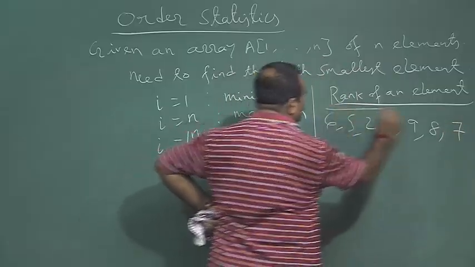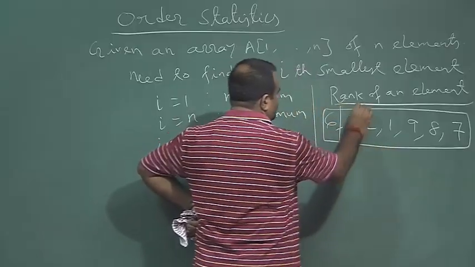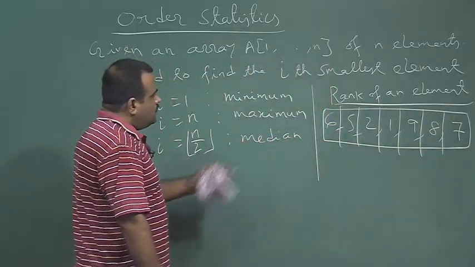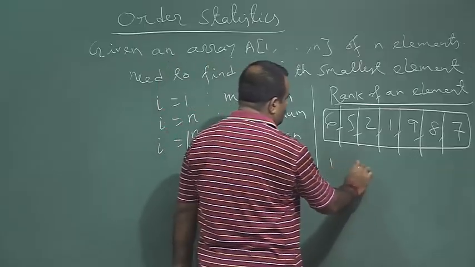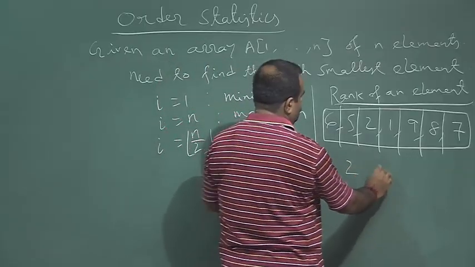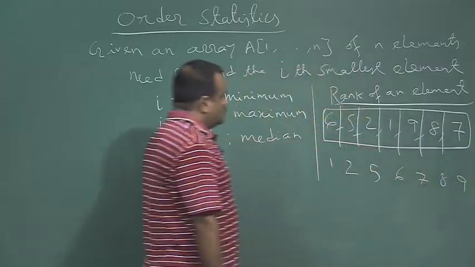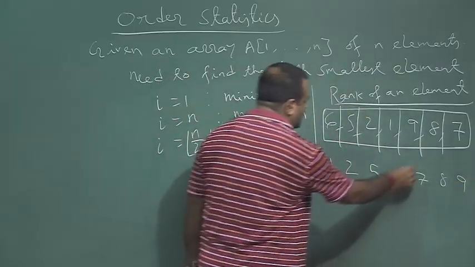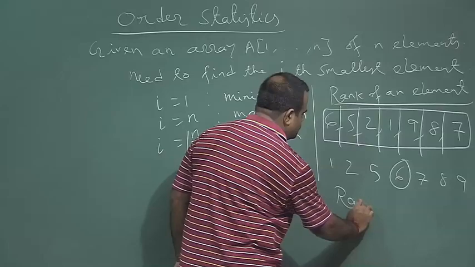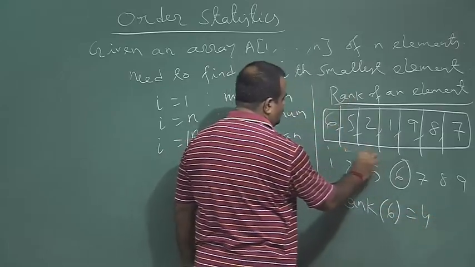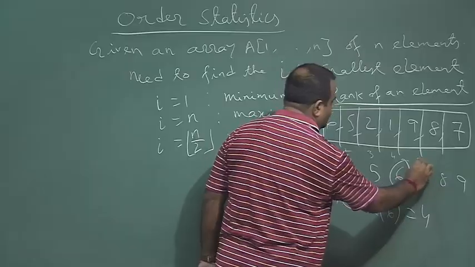Suppose this is our input array. Now, if we sort this array, we will get 1, 2, 5, 6, 7, 8, 9. So, if we ask what is the rank of 6, the rank of 6 is 4.